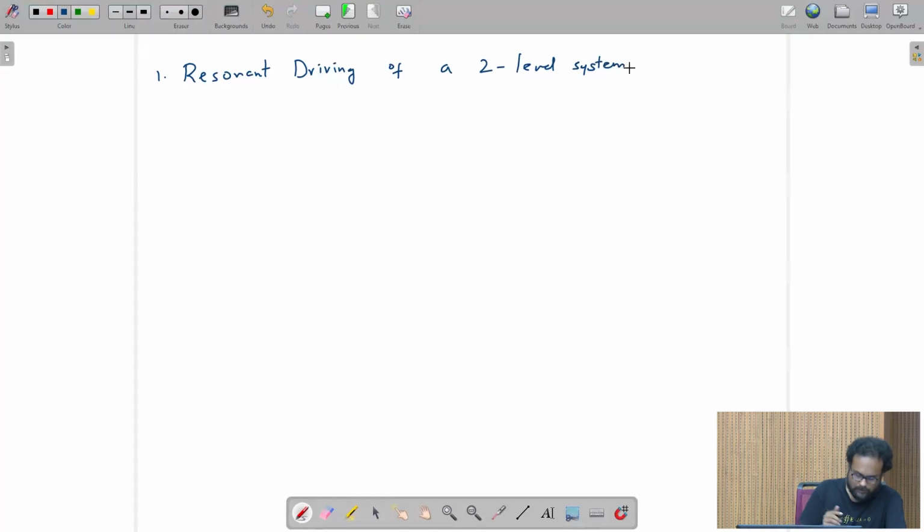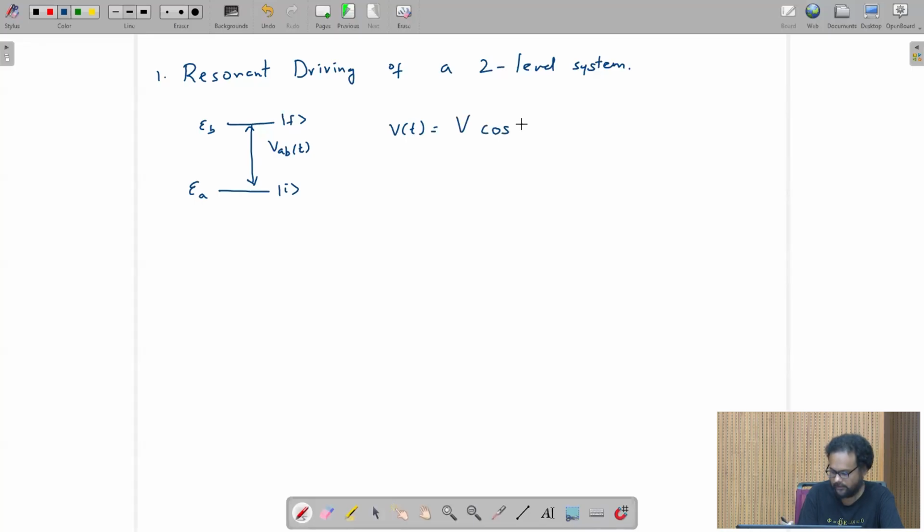So what we are going to consider is some initial state and some final state, and let's say we are driving this two-level system with an oscillating potential. Let's say your V of t is V cos omega t. It's some potential which is driving it.